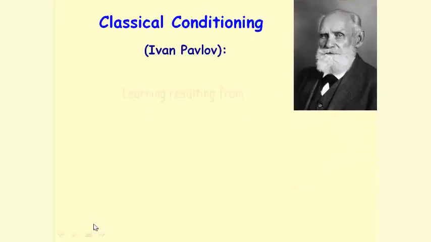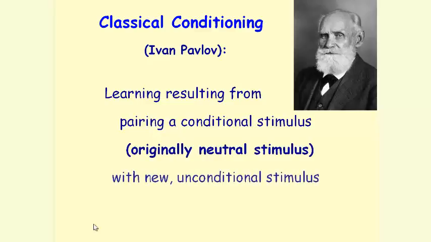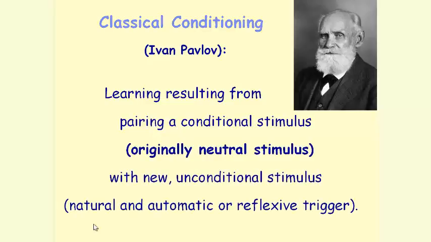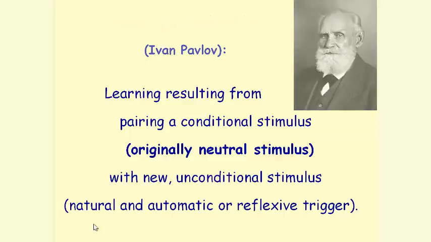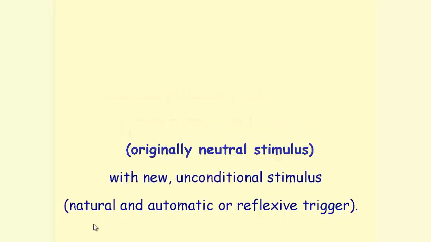Ivan Pavlov's classical conditioning is learning resulting from pairing a conditional stimulus, an originally neutral stimulus, with an unconditioned stimulus, some kind of natural and automatic or reflexive trigger.